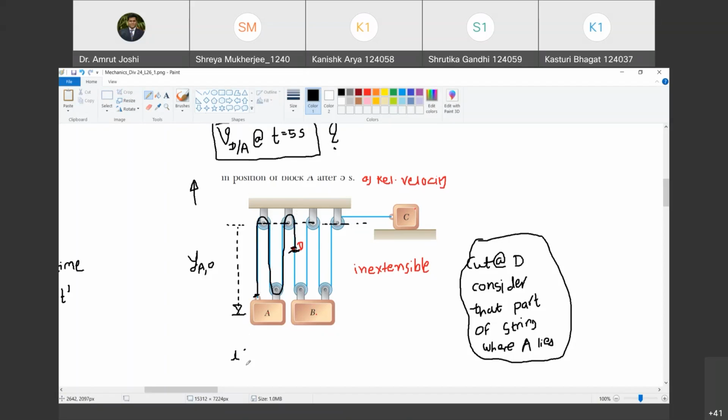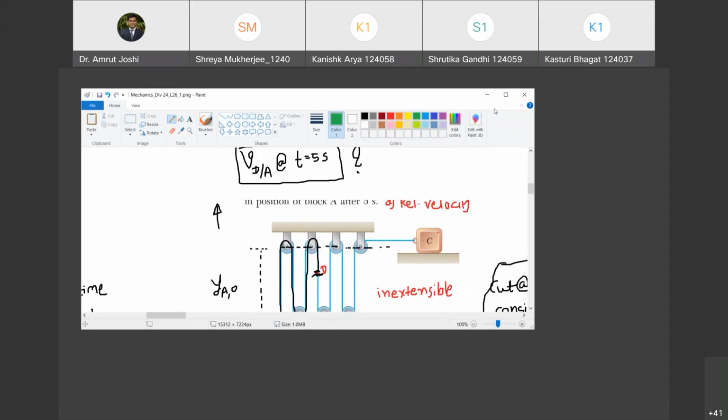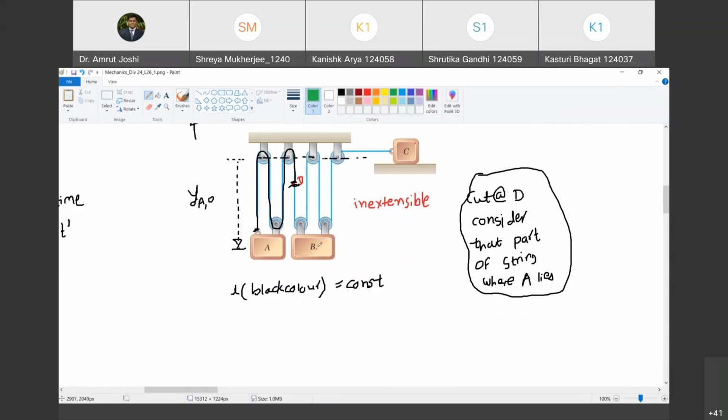So the length which I have marked in black color must be constant. Do you agree with me? Yes, sir. Okay. Now we will write this equation again, something similar to KRBPC, but it is written only for a part of this string. Are you with me? Yes, sir.